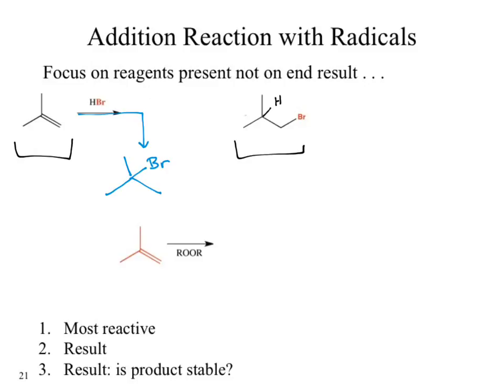Okay. Where does the bromine go? The most substituted position. What is the difference between the blue product and the black product? Placement of the bromine. What we've done is what's referred to as a Markovnikov addition in blue, and what is unfortunately referred to as an anti-Markovnikov addition in black.